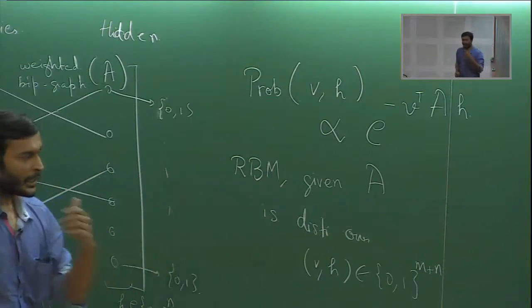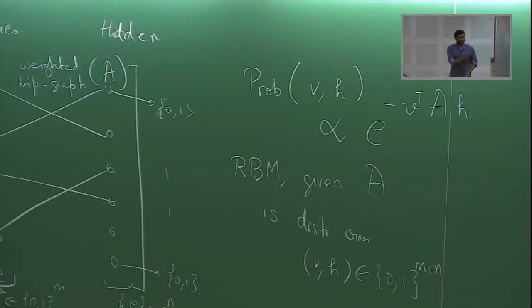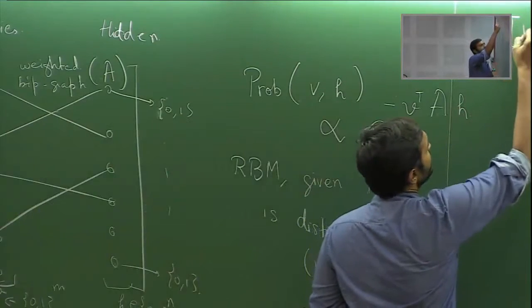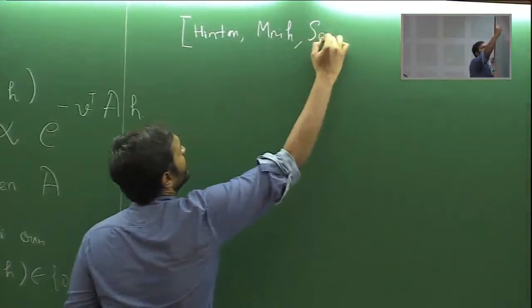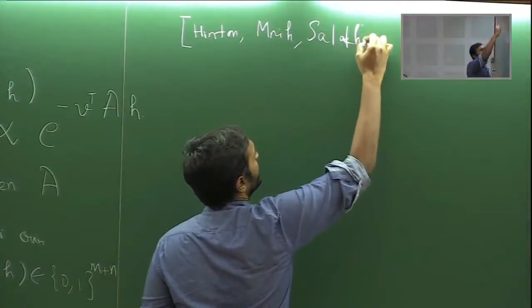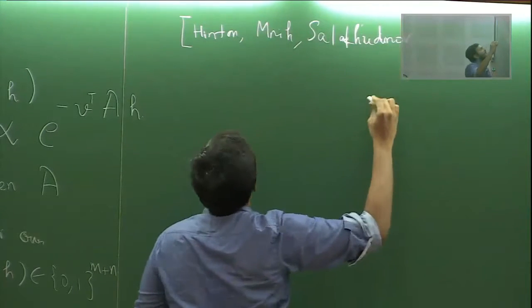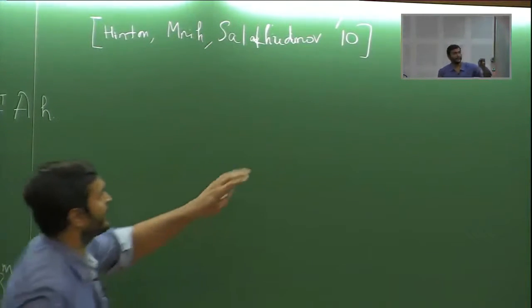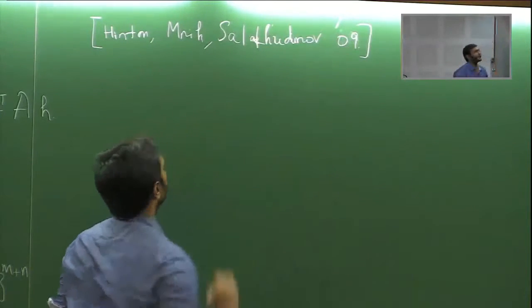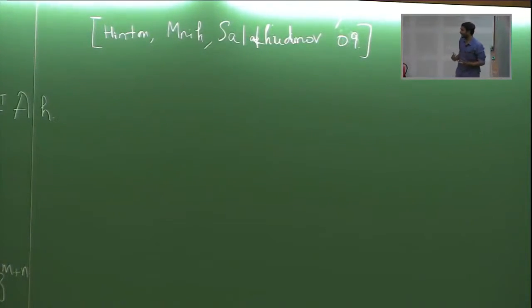Once we are given the weights, that is the matrix A, it is just a distribution. And the use case, as used by Hinton, Salakhutdinov, and others, from ICML 2009 or 2010, is that we already have a lot of user data, and for each user we feed it in, and then somehow train the system to obtain an A. Now when we are given a fixed user, assume that we already have A. I'll come to how A is obtained.